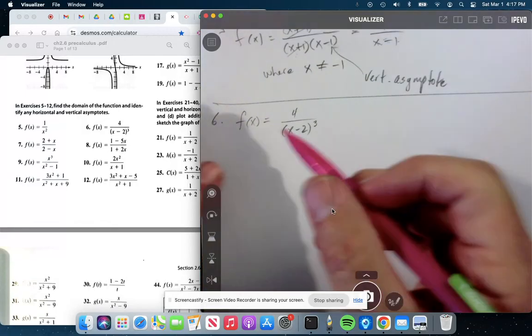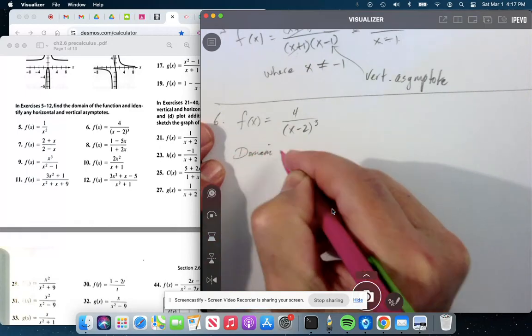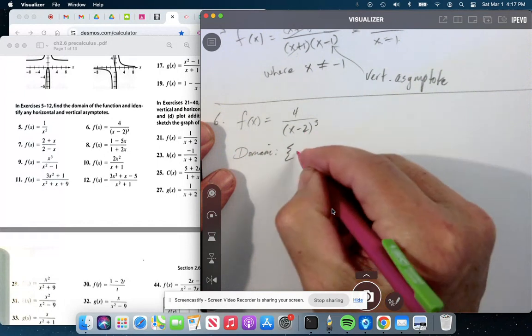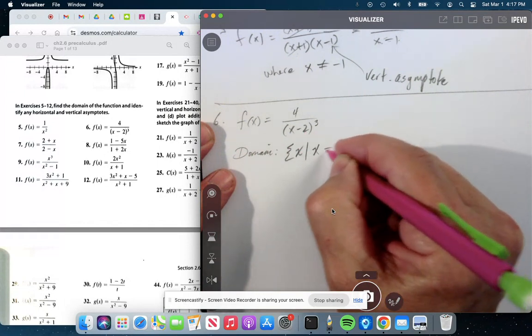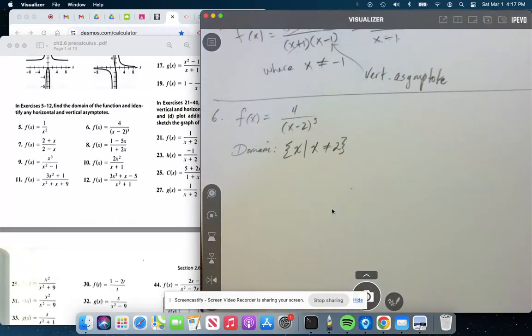So the domain is, one way to write it is like this, all x's such that x is not 2. And I don't see any other problems with this graph, so 2 is not allowed.